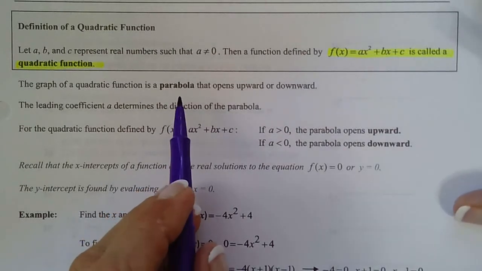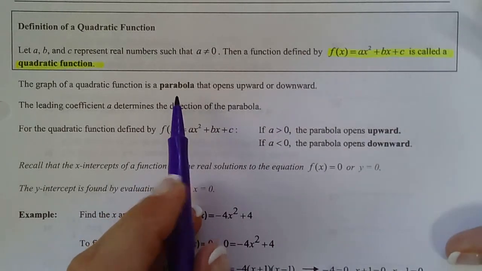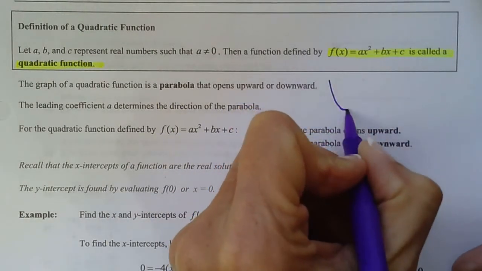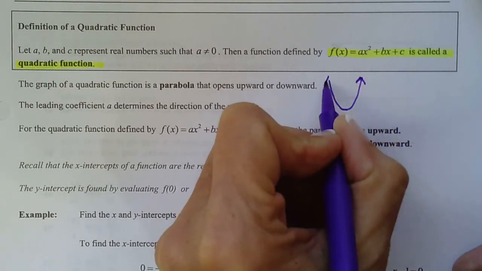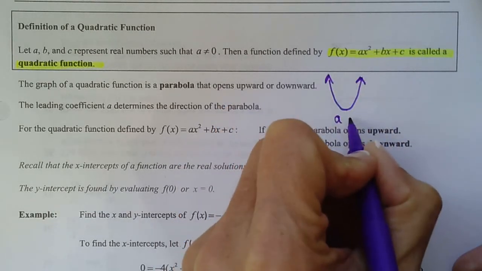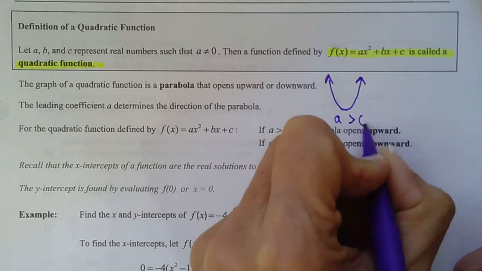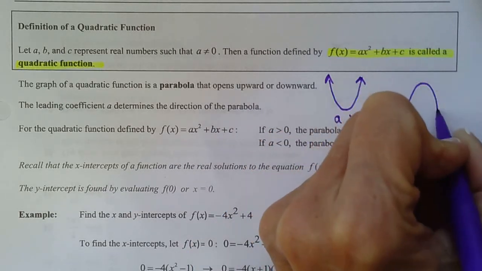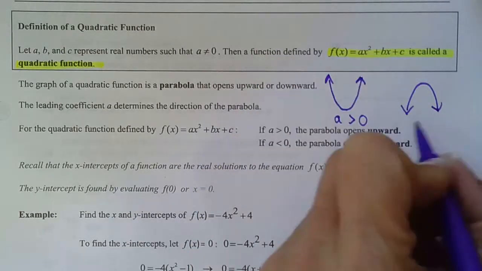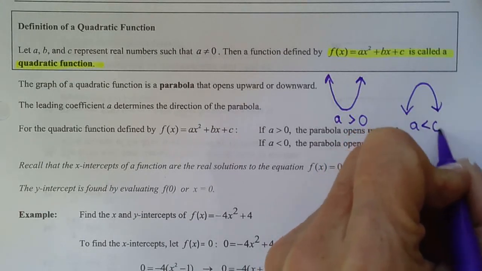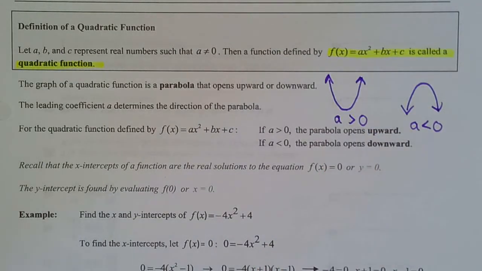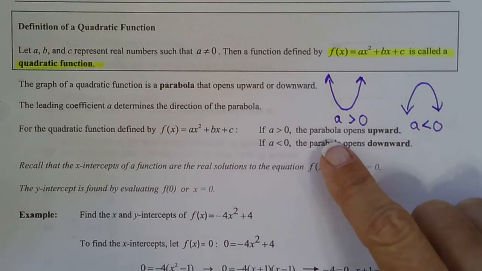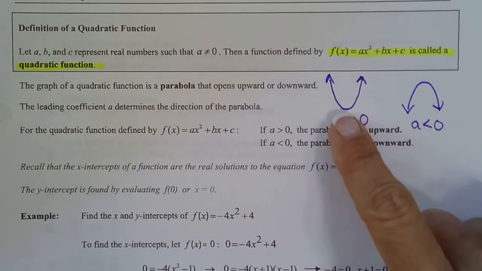So we learned in our prerequisite chapters that quadratics graph as parabolas. They either cup up when a is positive, or they cup down when our leading number is negative. So negative means less than 0, positive means greater than 0. If this was a 5, it cups up.